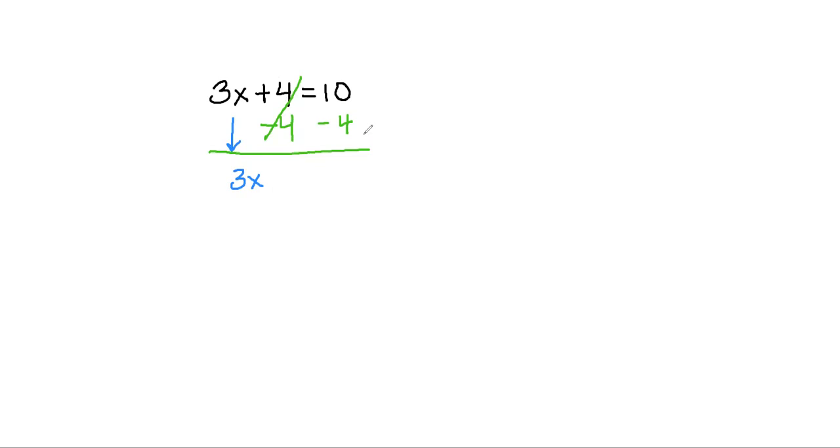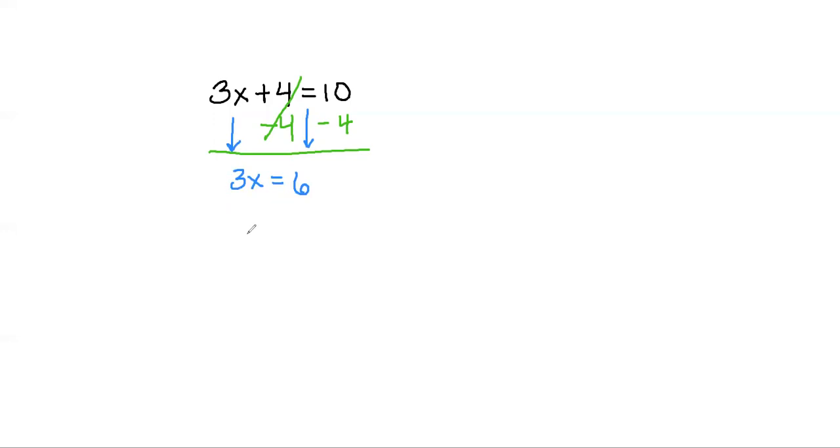It's gone already. But we have this 10 minus 4, and it's 6. So we're going to bring down the equals and bring this down, which is 6. All right? Perfect. It's looking better already. So now we have 3x equals 6.